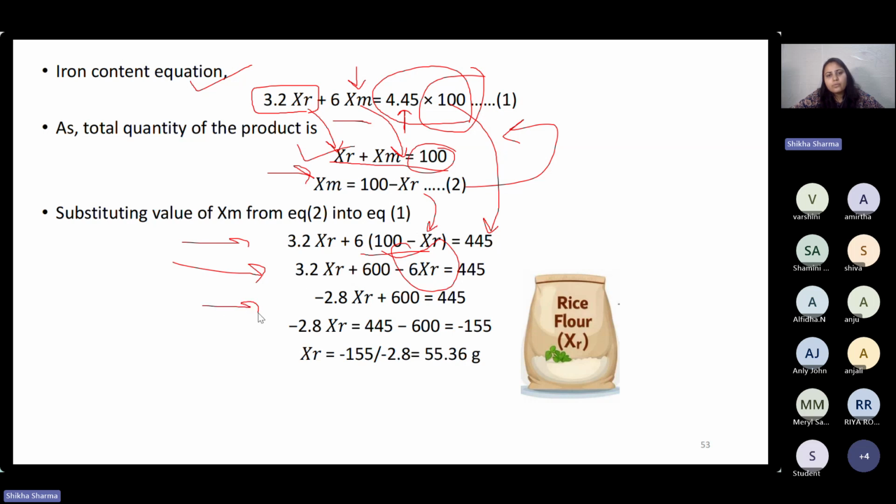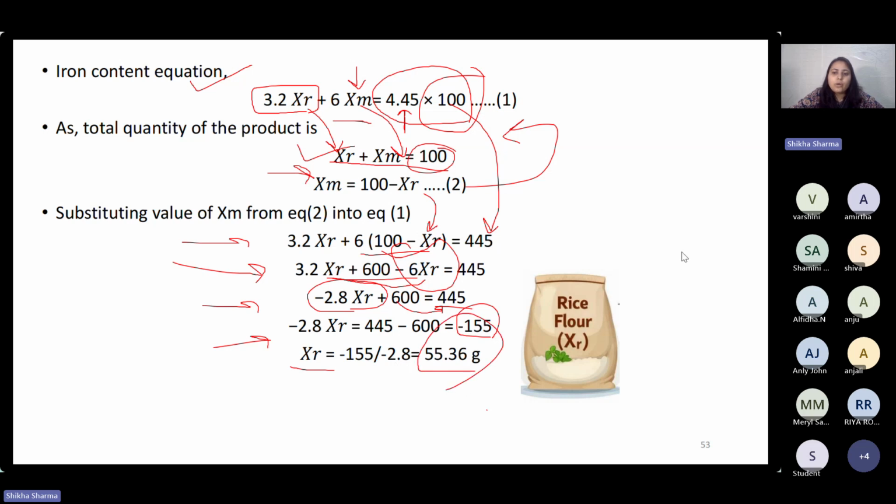When we subtract the XR terms, 3.2 minus 6 will be minus 2.8 XR plus 600 equals 445. So minus 2.8 XR equals 445 minus 600, which is minus 155. So XR would be minus 155 divided by minus 2.8, which is 55.36 gram.